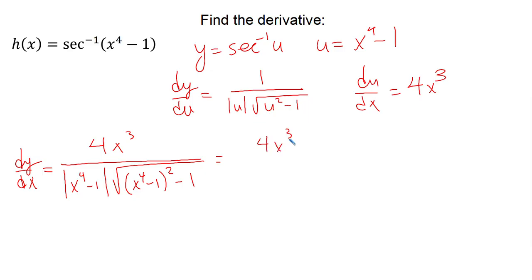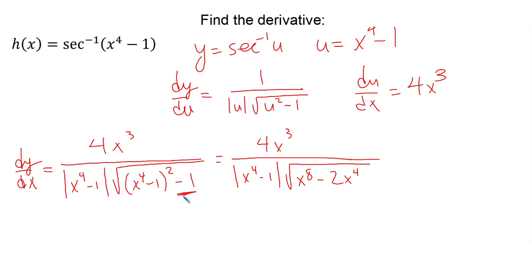So we'll have 4x cubed over the absolute value of x to the fourth minus 1. And then when we distribute that out, x to the fourth minus 1 squared, right, should be x to the 8 minus 2x to the fourth, and then plus 1. But then we also have this minus 1, so those should cancel out.